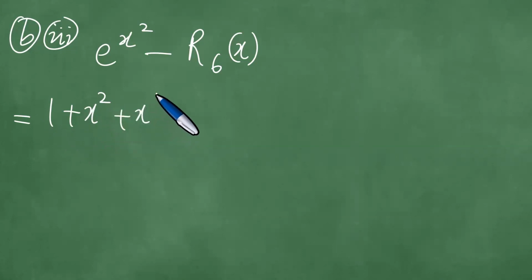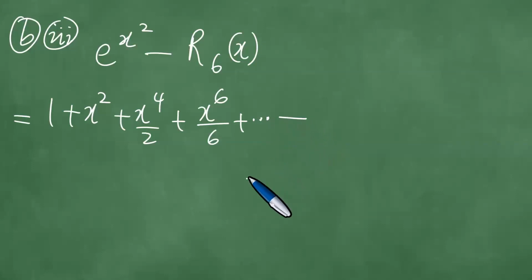Plus x to the 4th power over 2. Plus x to the 6th power over 6. And so on. Minus, what is R6?